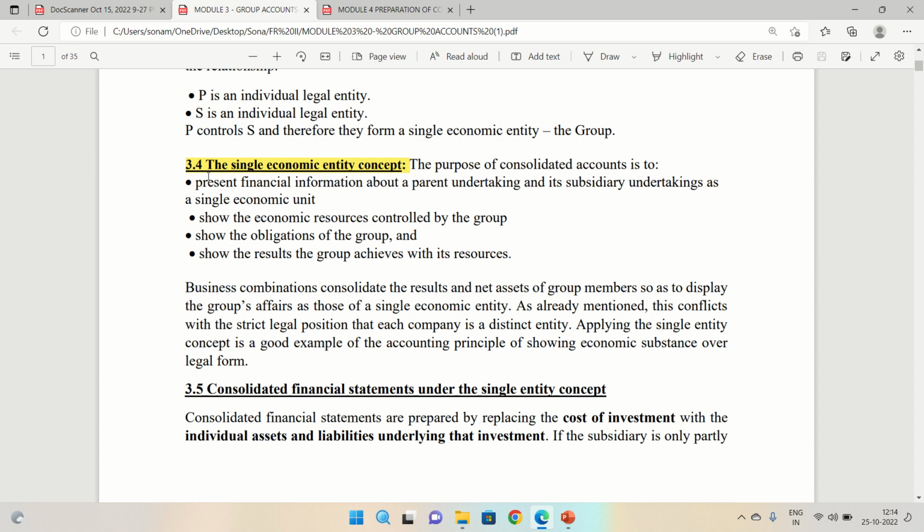P and S forms a group, parent and subsidiary, and the financial statement of that particular group is known as consolidated financial statement. If it is a balance sheet, we'll call it consolidated statement of financial position. If it is a P&L account, we'll call it consolidated statement of profit and loss. So that is the idea behind consolidated financial statements. Okay.